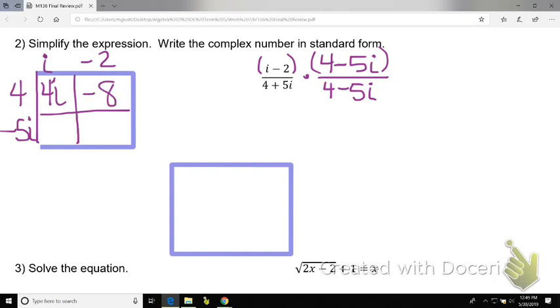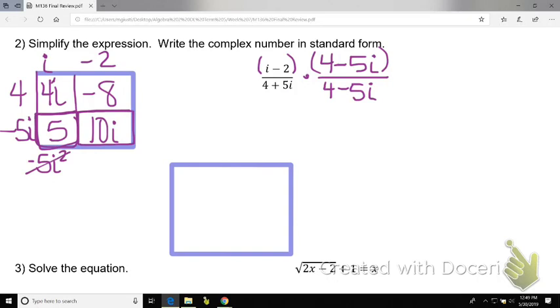And then for your bottom row, normally this box here is your i squared, but this time it's actually this one, because you're going to take negative 5 times i, and you get negative 5i squared, which would become just positive 5. And then negative 5i times negative 2 is 10i.